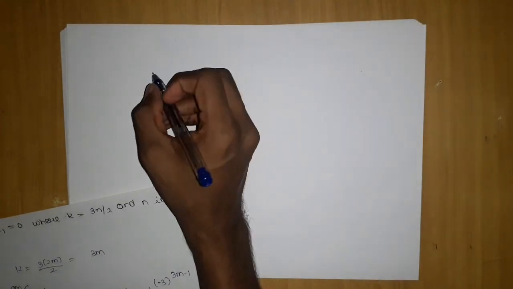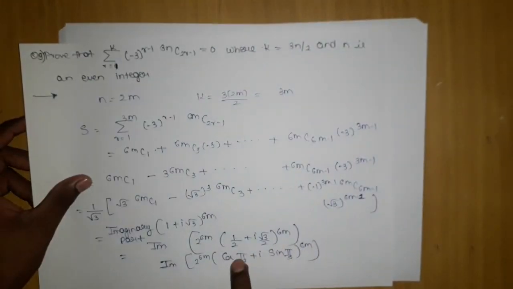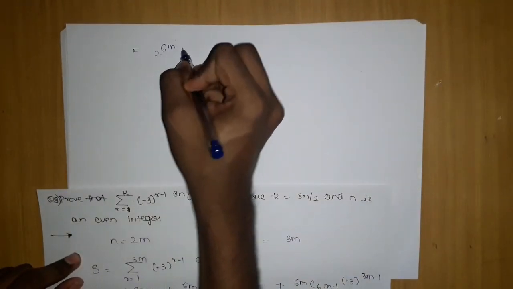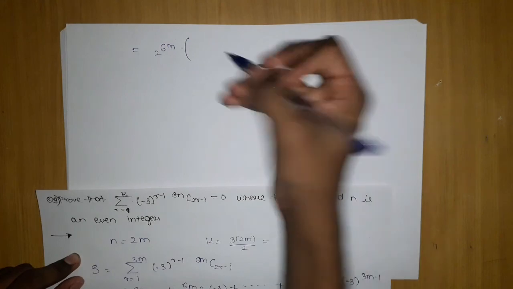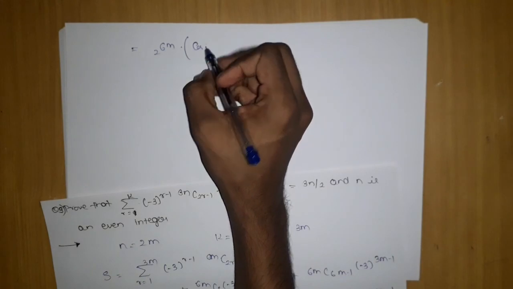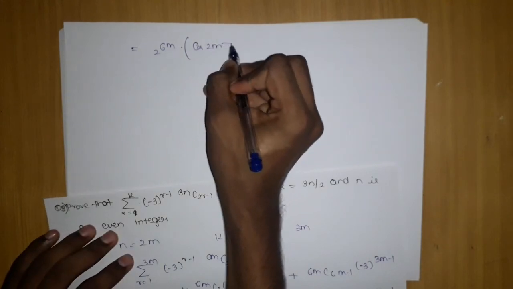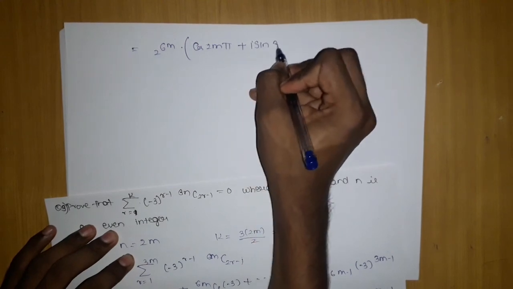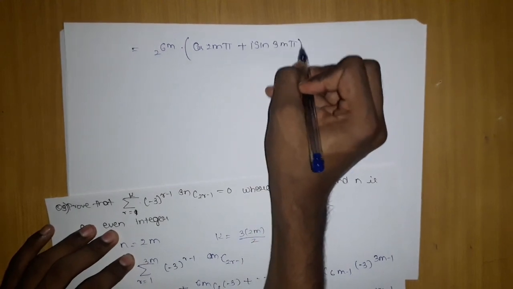And finally, by De Moivre's theorem, we can move 6m here, which will give me finally 2 power 6m into bracket cos 6m pi by 3, which will become 2m pi, and here i sin 2m pi.